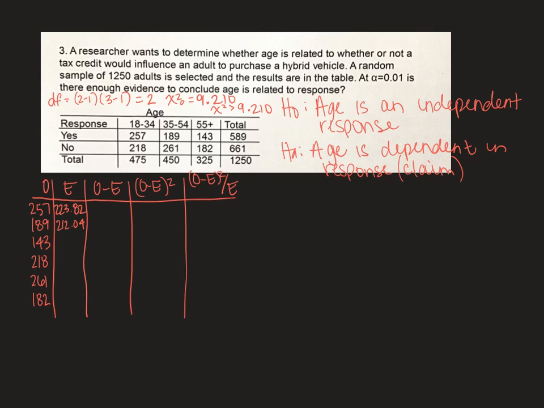And then 325 times 589 divided by 1250 gives me 153.14.